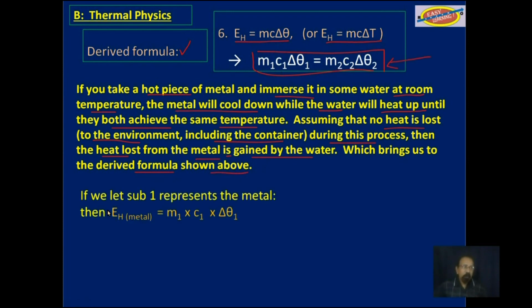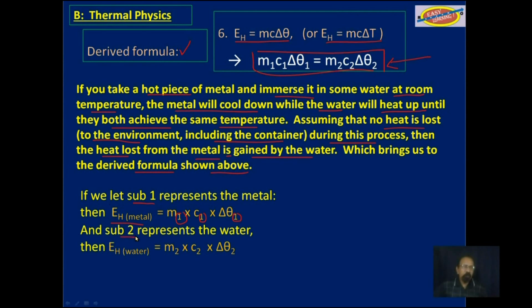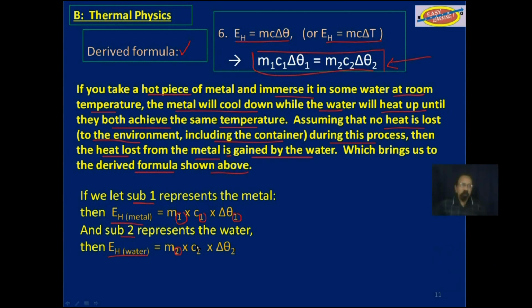If we let sub 1 represent the metal, then EH of the metal will be M1 times C1 times delta theta 1. That's for the metal. And we let sub 2 represent the water, then EH for the water is M2 times C2 times delta theta 2.